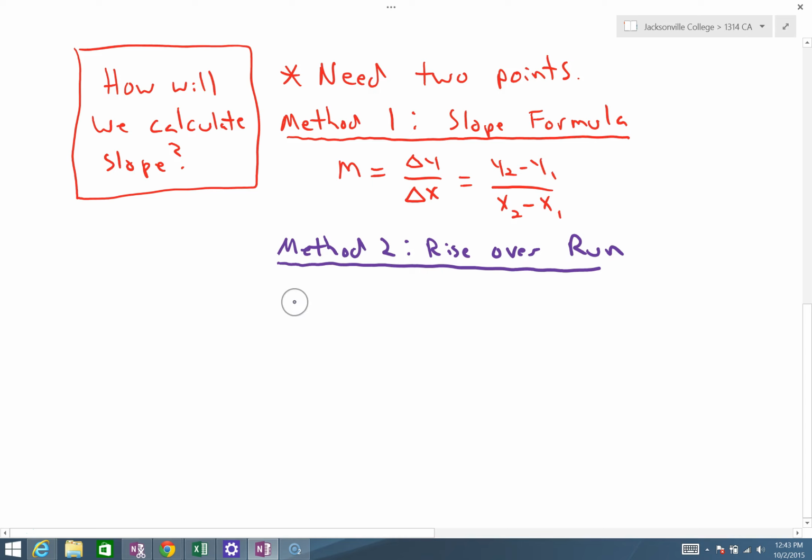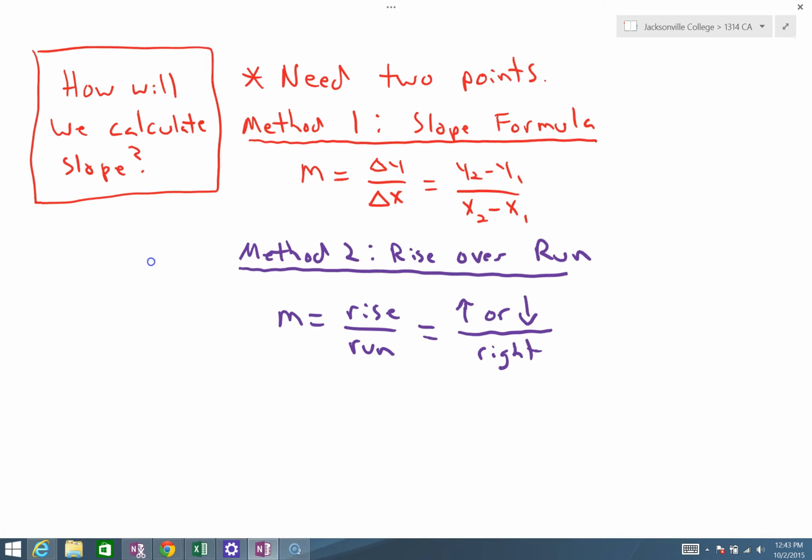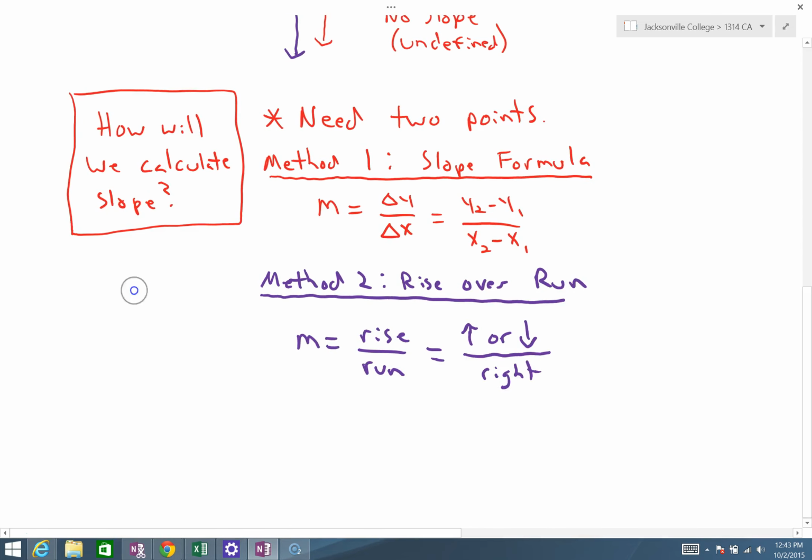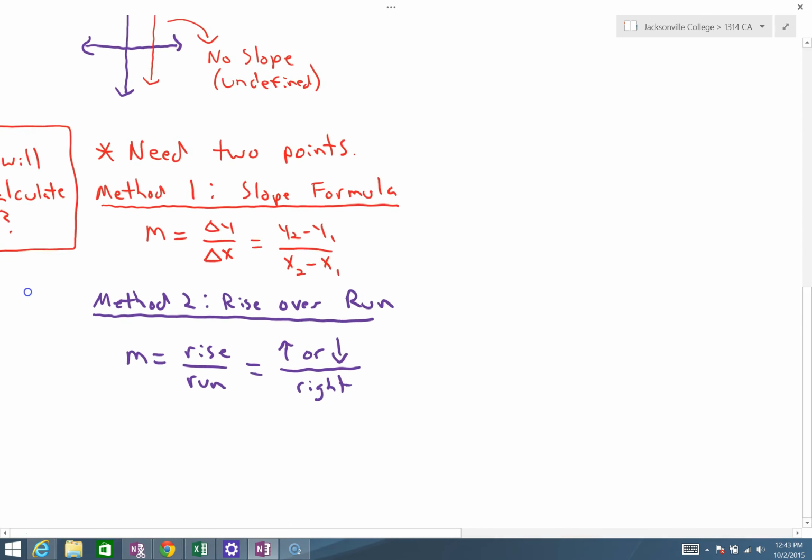So we can say that the slope of a line is equal to the rise over the run. And this rise is either up or down, depending on the sign. And this run we'll consider to the right, like we read from left to right. Okay, we're going to count how many units that it may be, and we'll look at an example that employs both of these methods.